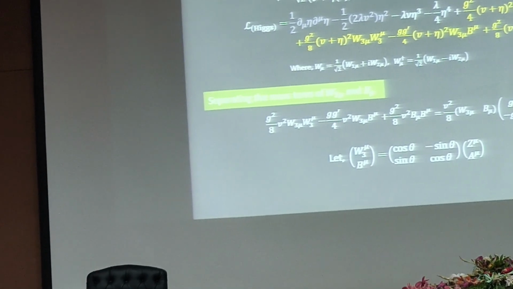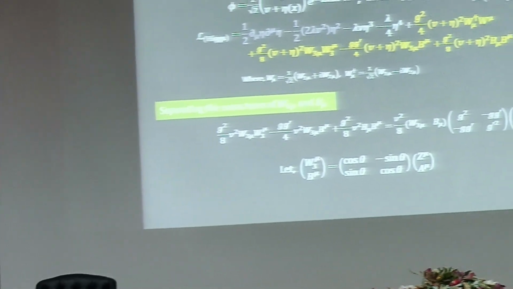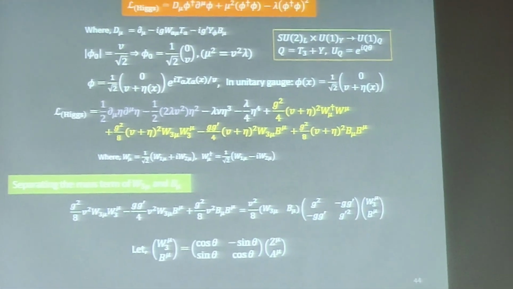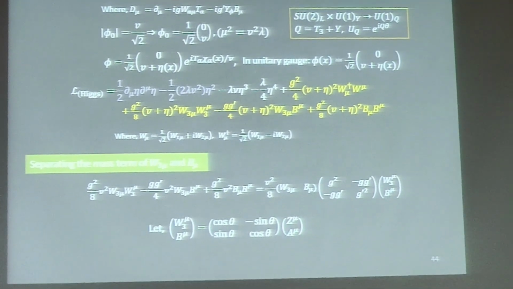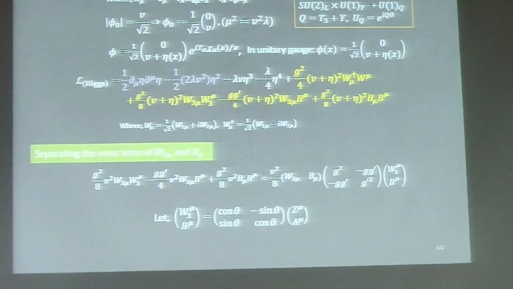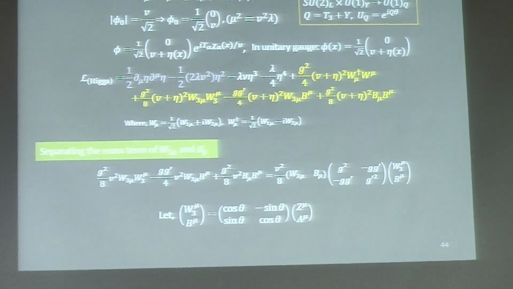And this real symmetric mass matrix can be diagonalized by an orthogonal transformation. In two dimensions, the orthogonal transformation is this one. So to diagonalize it, we transform the W3 and B fields into another set of fields. We call them the Z and A fields.